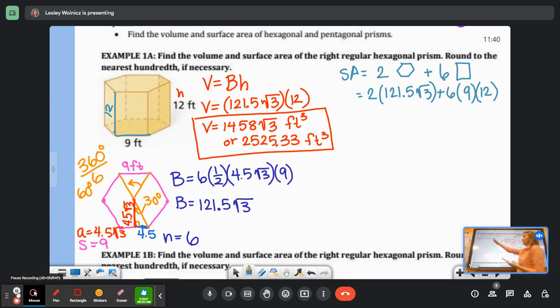When you put in the root 3, make sure you arrow out of the root 3 before you add the 6. Okay, so did you say 1068.89? And this is square feet because it's an area, surface area. Okay, any questions?